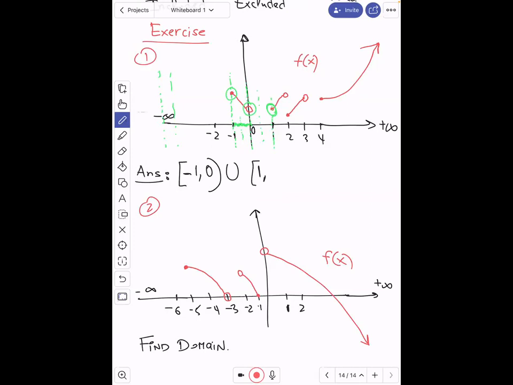After +1, you have intersection. Now you arrive at +2. Do we stop at +2? No, we don't stop at +2, because we do have a full circle at +2, so we don't really care about this empty circle right here.